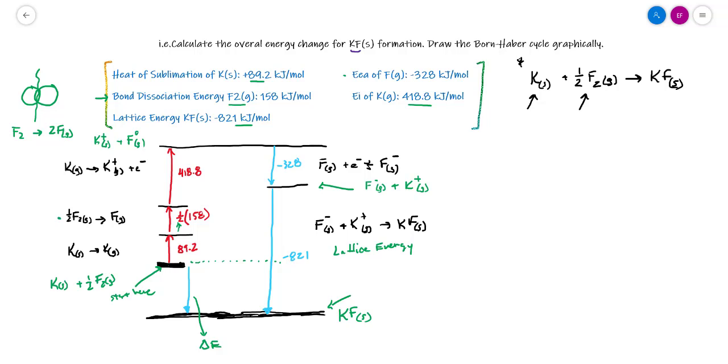And so it's this net difference here that gives us the change in overall energy, which was what we were asking for. So delta E is the same as the change in overall energy. So that change in overall energy here is equal to minus 562 kilojoules per mole.